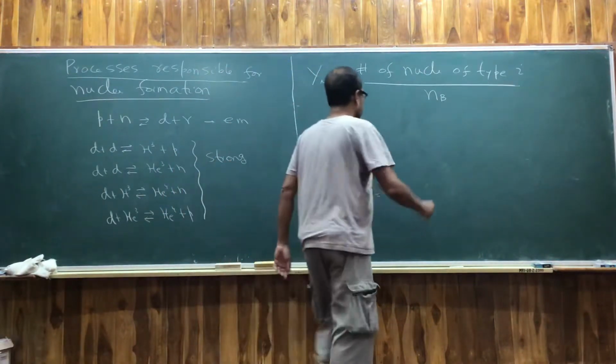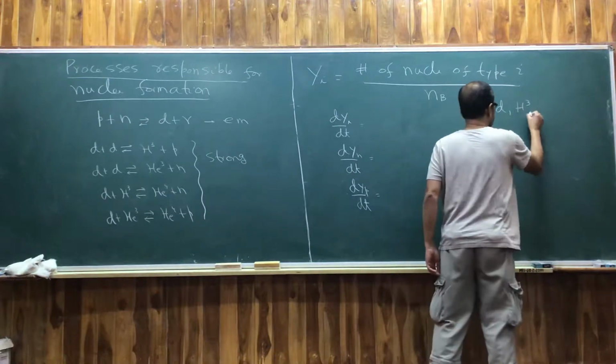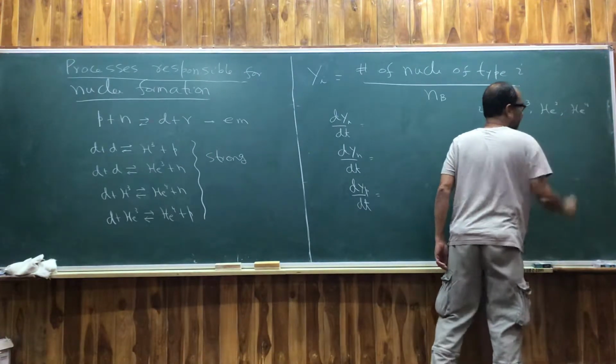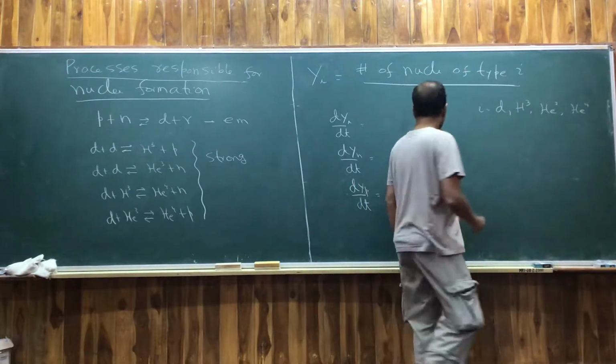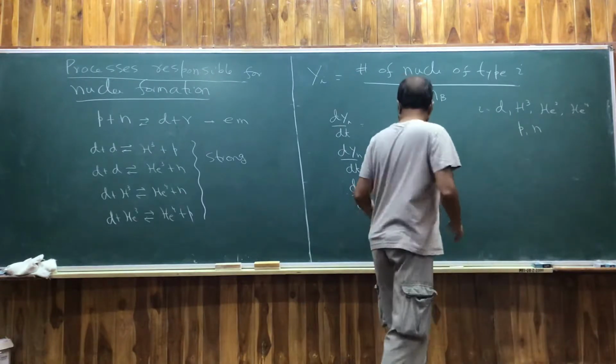I will run over D, H3, He3 and He4. These are the 4 different kinds of nuclei, and you also have P and N, which I have written separately.